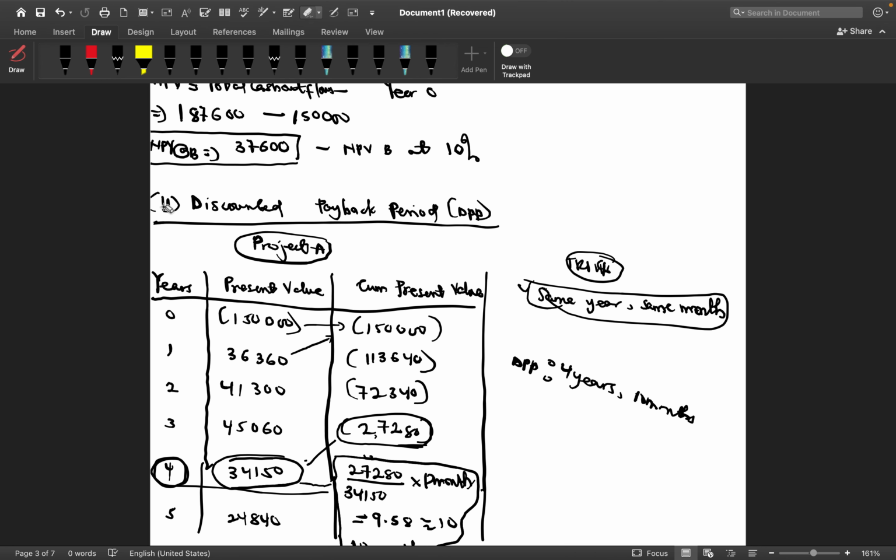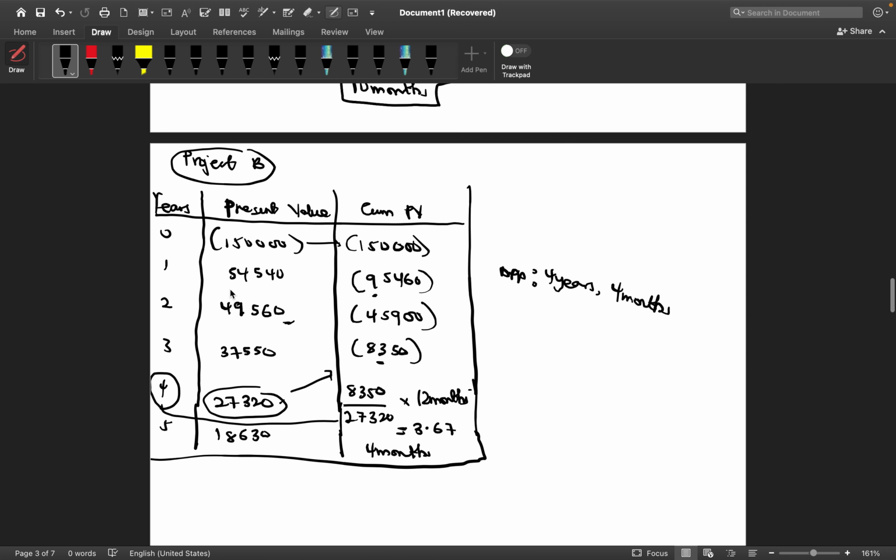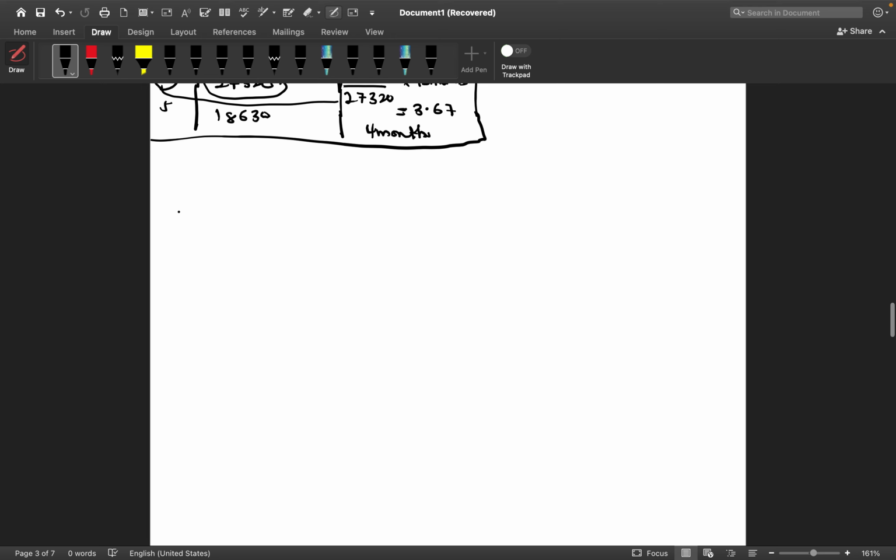I don't want you to get confused. So this was B. Okay, that's it. So we are moving to the D. So the D was internal rate of return.